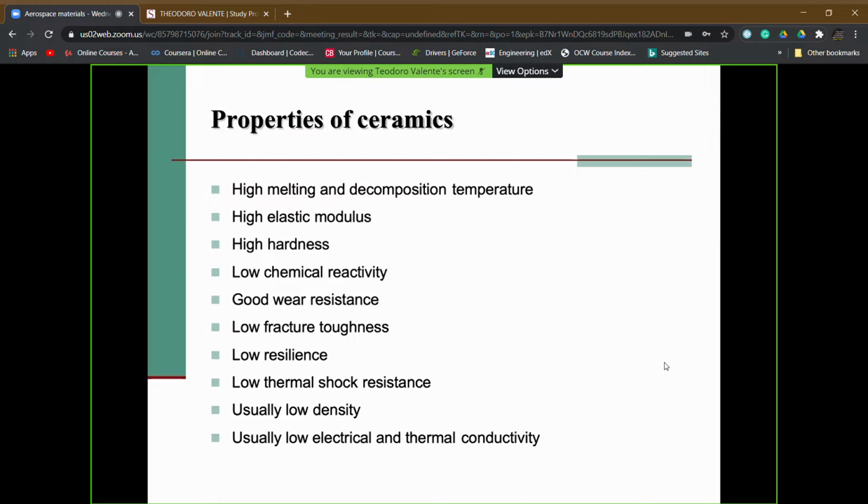In terms of figures, the resilience is something equal to 0.0-something for the materials itself.